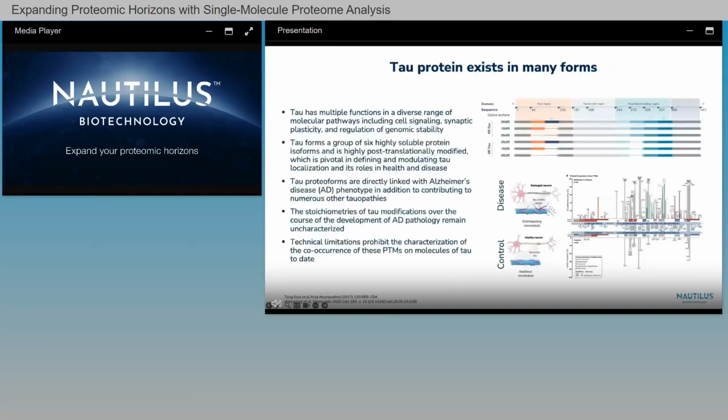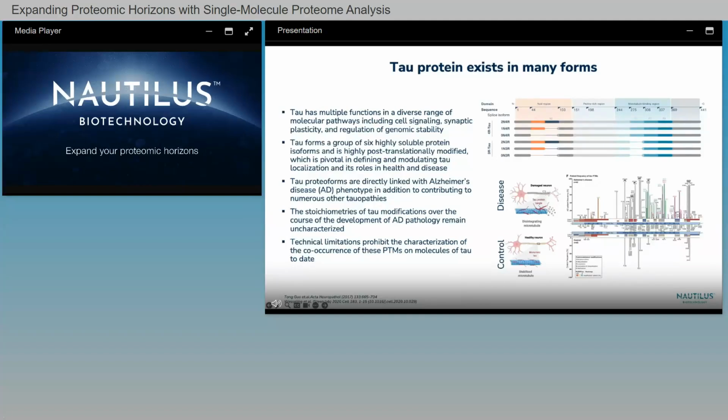As I mentioned, we're going to dive in focusing on the protein tau. We began with tau as a partnership with Genentech. It's a critically important protein in neurodegenerative diseases. It's also a great example for studying proteoforms because it contains already 6 different isoforms defined by inserts in the N-terminal region and the C-terminal region, the 0N, 1N, 2N, and the 3R and 4R variants.